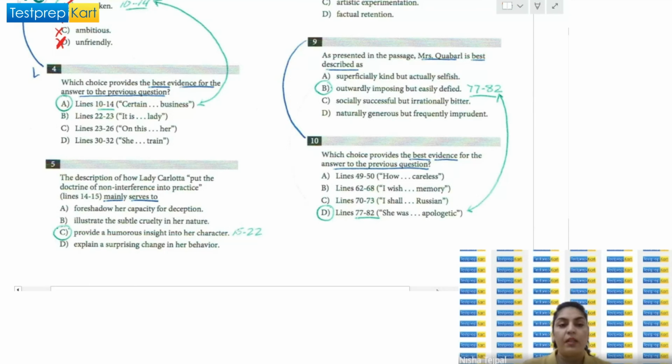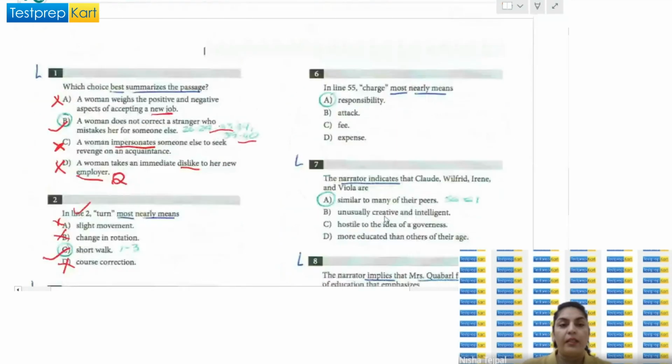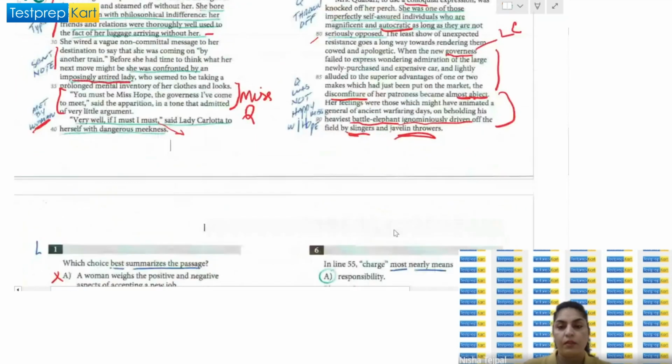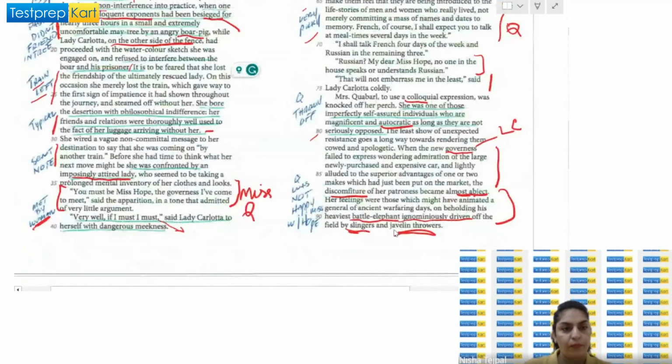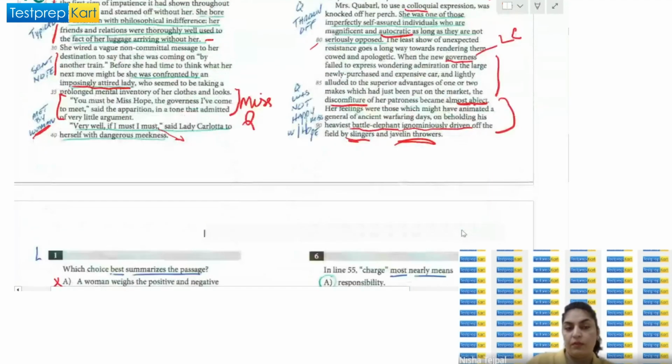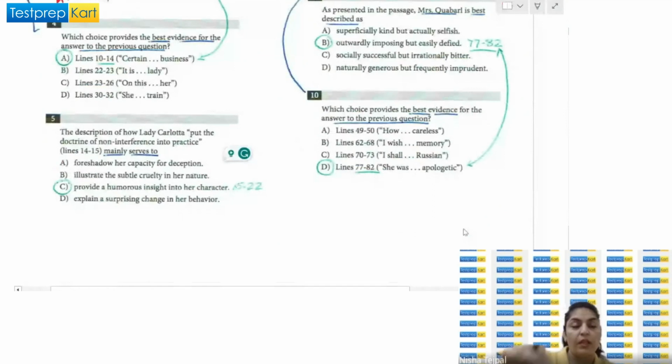So we will say this from lines 10 to 14, where we can find that she has this habit of interfering and she is outspoken. They are asking about the lines we have to pick: 10 to 14, 20 to 23, 23 to 26, 30 to 32. So we'll read all these lines, but we know that we have got the answer from lines 10 to 14.